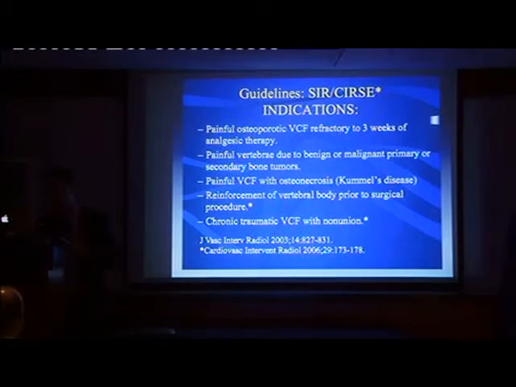Painful vertebral bodies due to benign or malignant primary or secondary bone tumors. This is my world. I do this for them all the time. Painful VCFs due to osteonecrosis or something called Kummell's disease. Very rare. Do I see that? Reinforcement of vertebral body prior to surgical procedure.